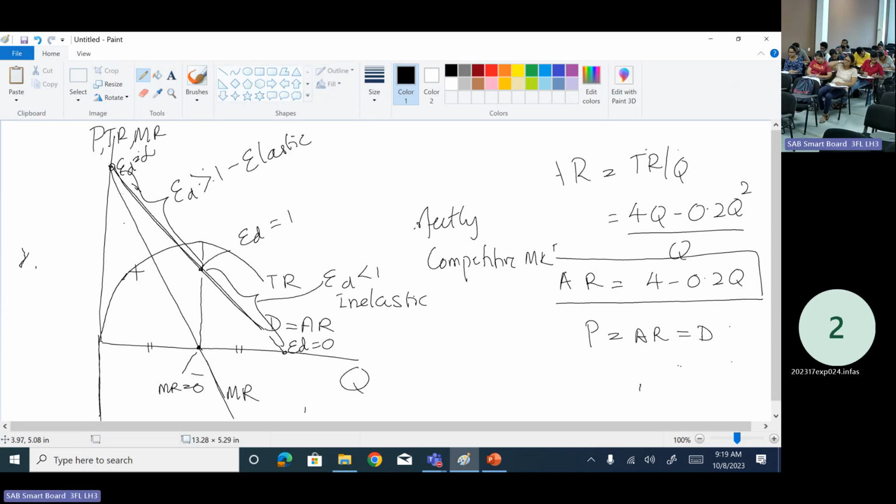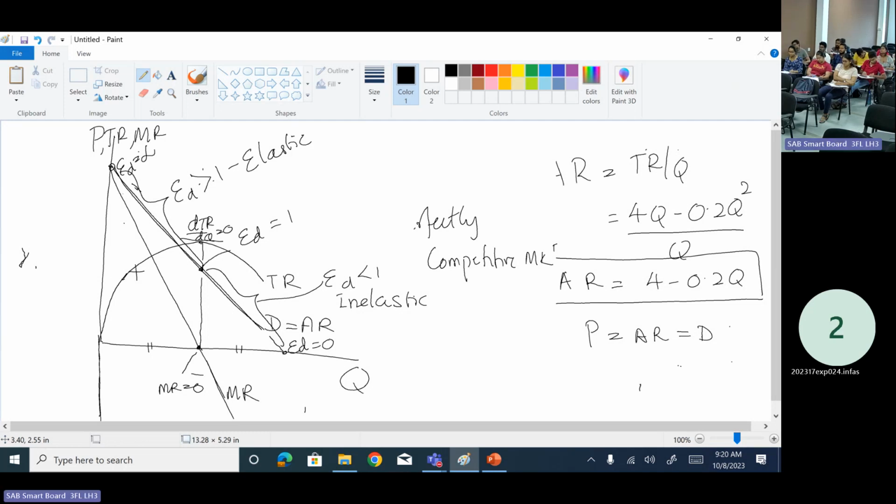In the negative area, the price elasticity of this product is less than 1. When marginal revenue equals 0, total revenue dTR over dQ equals 0 at this point, which means the slope equals 0. At that point, if you calculate the elasticity, it equals 1.